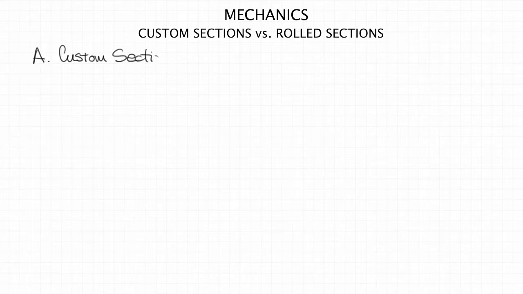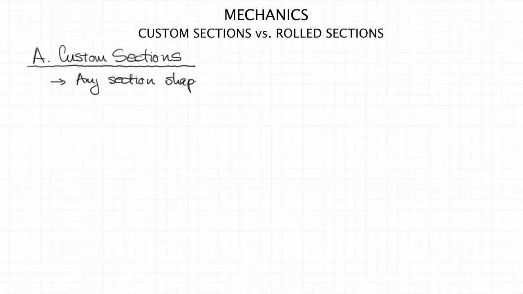And when I say custom sections, what that means is any simple section shape. So let's see a few very simple examples. A solid square section could be a custom section.